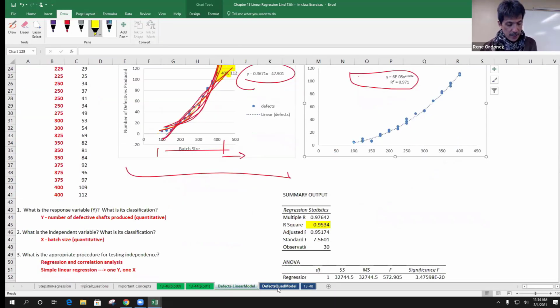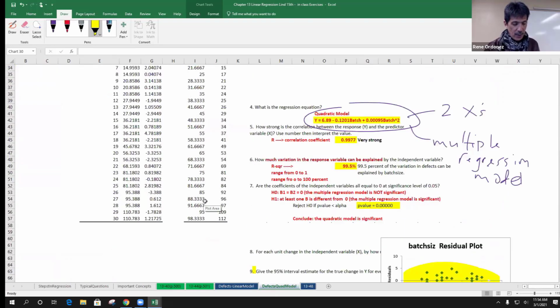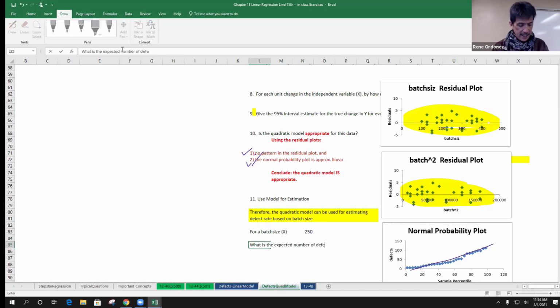Here's now the question. We have determined that the quadratic model is appropriate, therefore we can use it for estimation. For a batch size, or X, of 250, what is the expected number of defective shafts that will be produced?